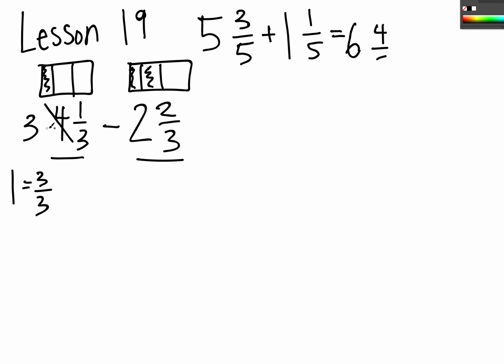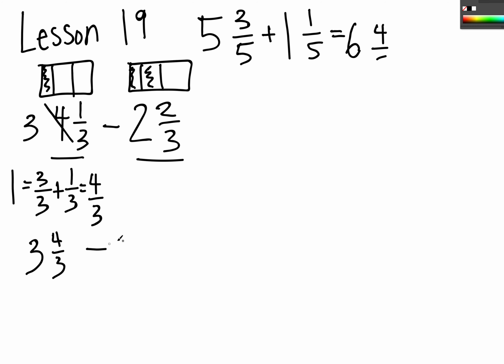So if I borrowed 1 from the mixed number, I now have 3 over 3 that I can add to my 1 over 3, which is now going to give me 4 over 3. So my new problem is going to be 3 because I borrowed 1 from the 4, and then my fraction is now 4 over 3.